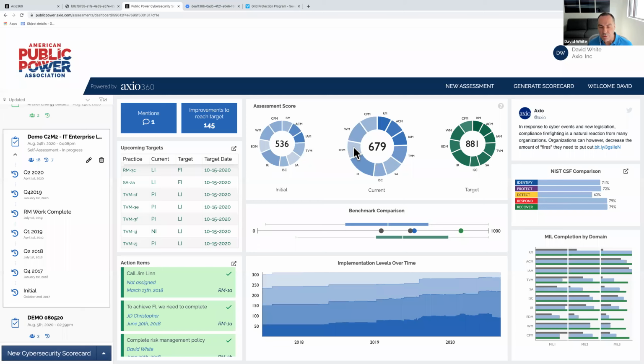CSF is a popular framework for guiding cybersecurity. It only has 108 activities. So we have a lot of utilities that use our platform, and they plan improvements using C2M2 because it has 312 practices. It's a much more granular way to plan a program evolution.